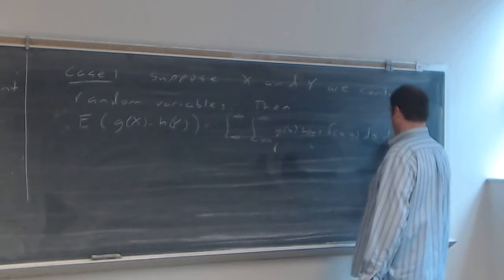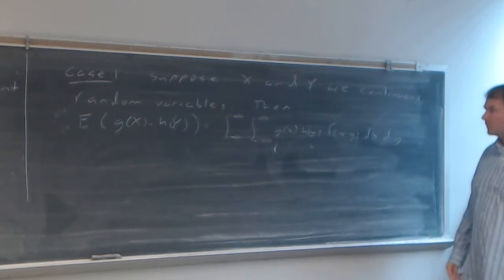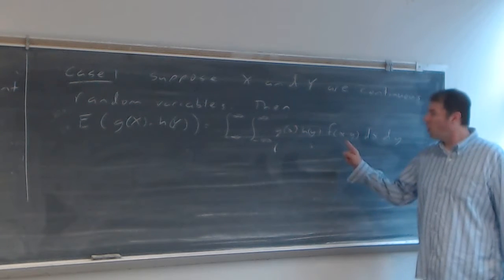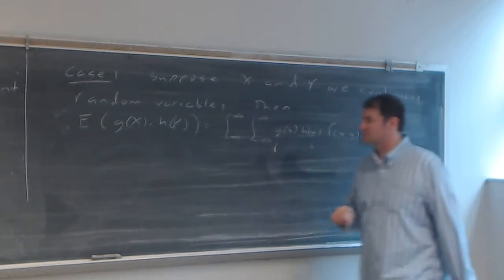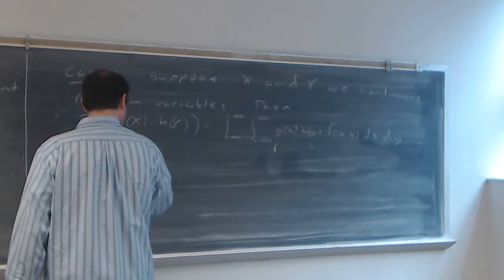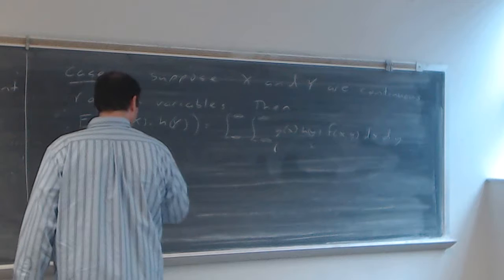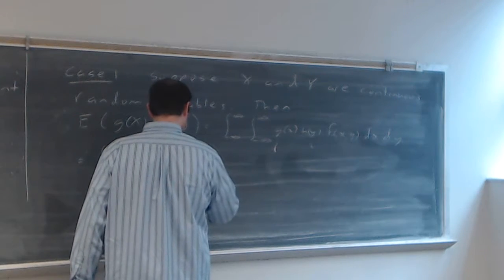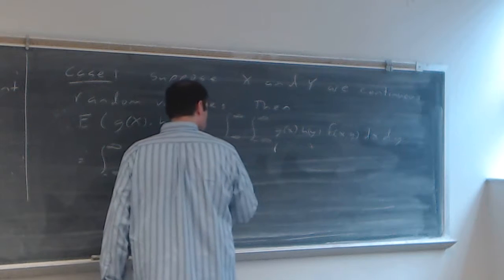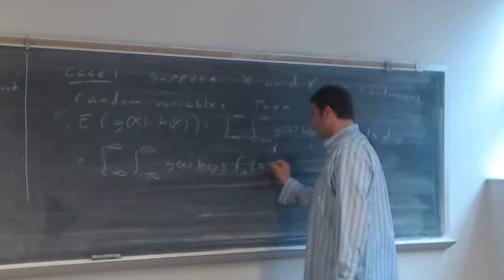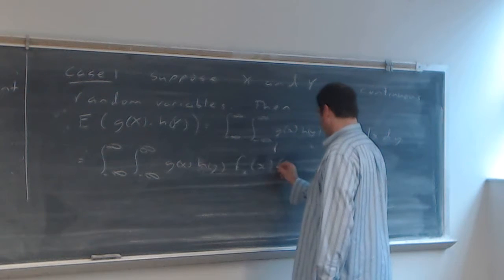Now write down dx dy. That's the way that we define it. And then, because of the independence, we can rewrite this joint PDF as the multiplication of the PDF of x times the PDF of y.